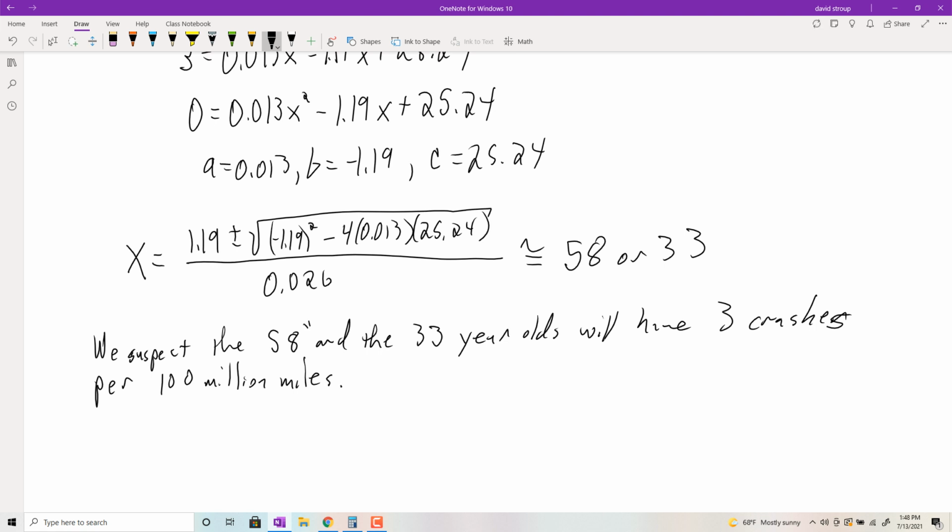Seems like I should probably say the 58-year-olds and then the 33-year-olds will have 3 crashes per 100 million miles.